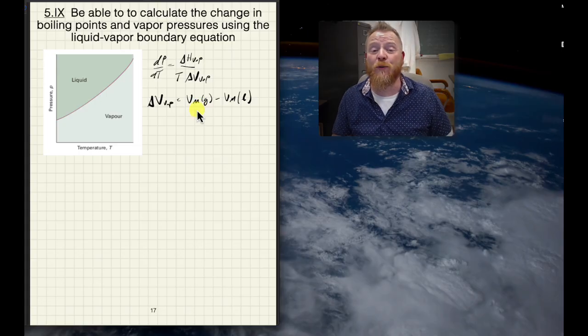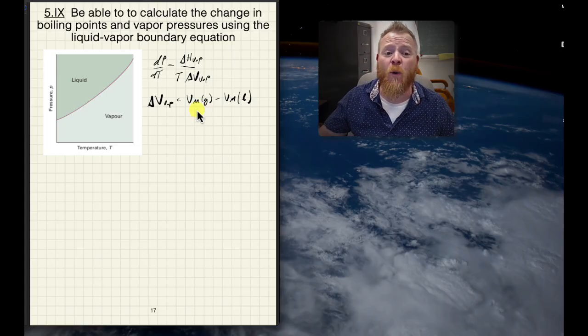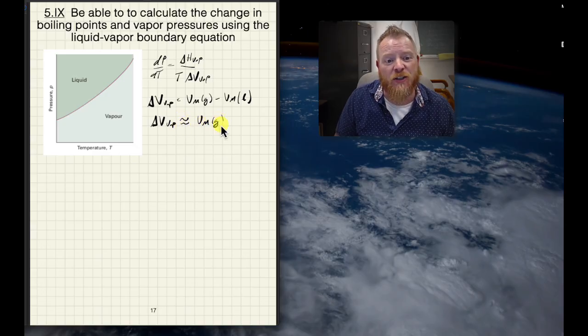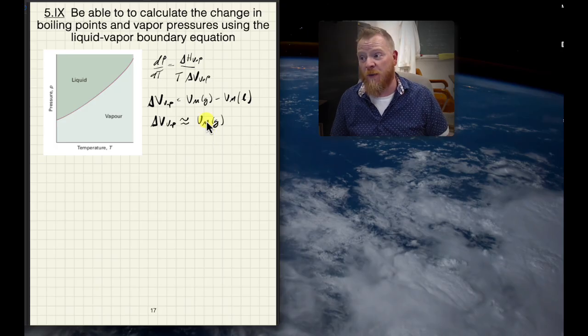Because the molar volume of a gas is so much larger than the molar volume of a liquid, we can effectively ignore the molar volume of the liquid and say that the molar volume of vaporization is effectively equal to the molar volume of a gas.